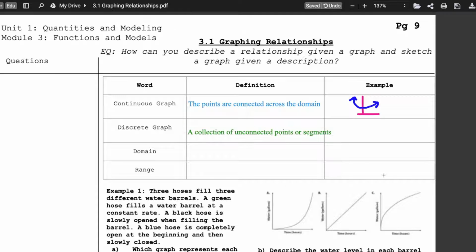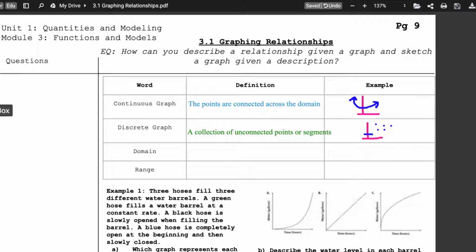So it could have a little bit of a line on it, but those lines are not going to be connected. So it's not going to be a straight line through. It could just have like this and then maybe some dots going on for it. Okay, and this would be a discrete graph because the points are not connected. And notice how in the continuous graph, all of the points are connected, where in the discrete graph, some are connected and some are not.